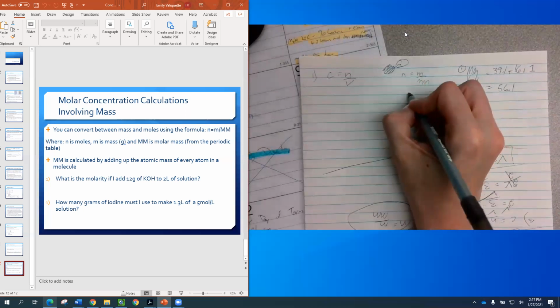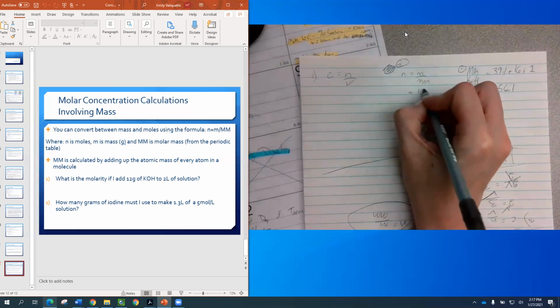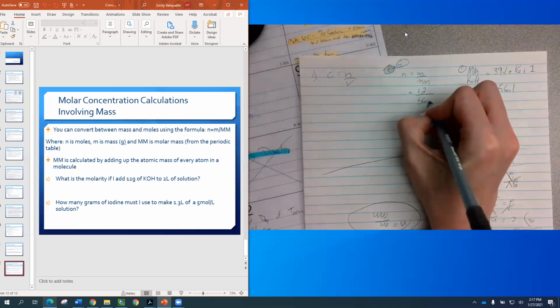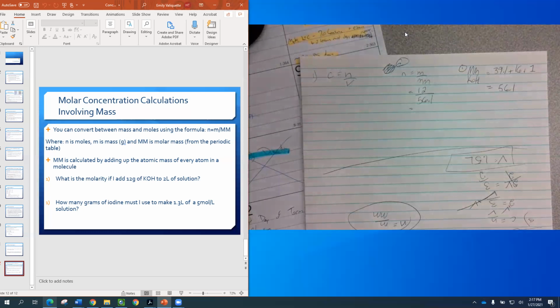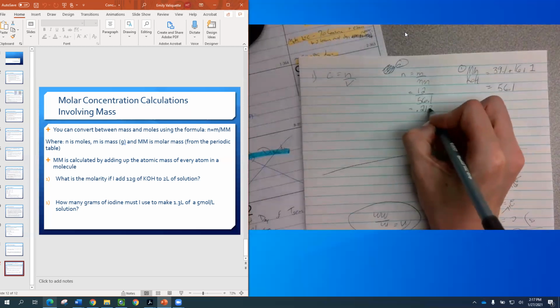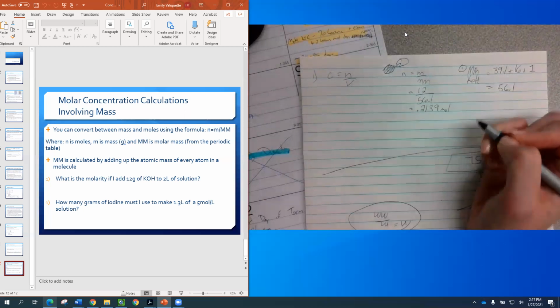Now that I have my molar mass, I'm able to go to my moles equals mass over molar mass formula. I can plug in the 12 grams that I was given in the question and my molar mass that I just calculated, and I can divide. That gets me 0.2139 moles.